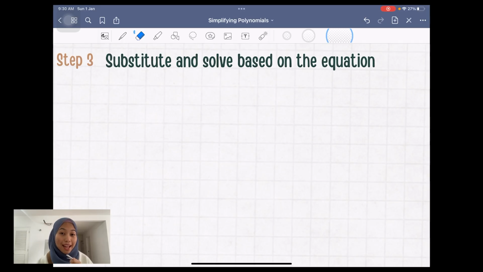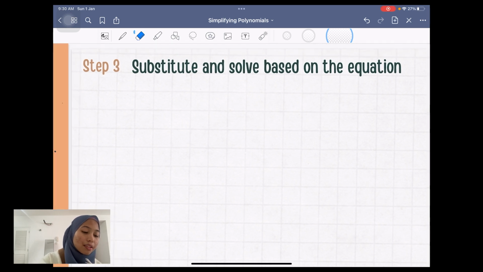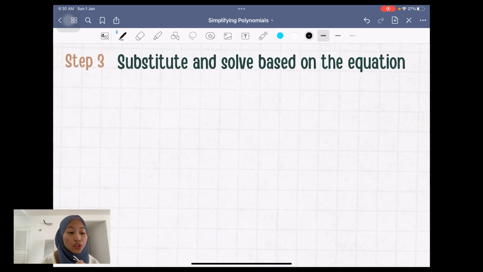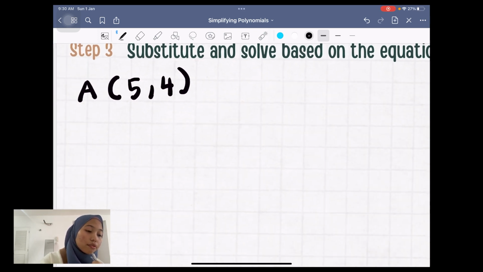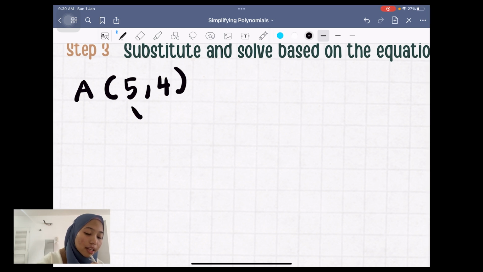For the last part, let's solve it together with me. In step 3, we have to substitute and solve based on the equation. Firstly, we have to choose the coordinate that we want. So, I will choose the coordinate A, (5, 4). 5 is x, 4 is the y coordinate, right?